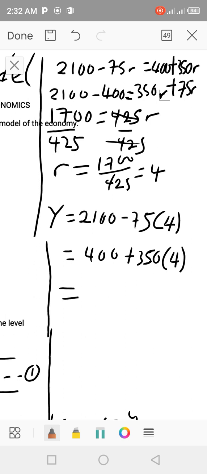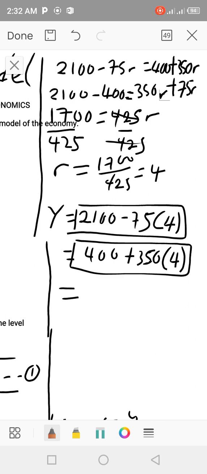If you put this in the calculator, it should give you the same answer, which is 1,800.